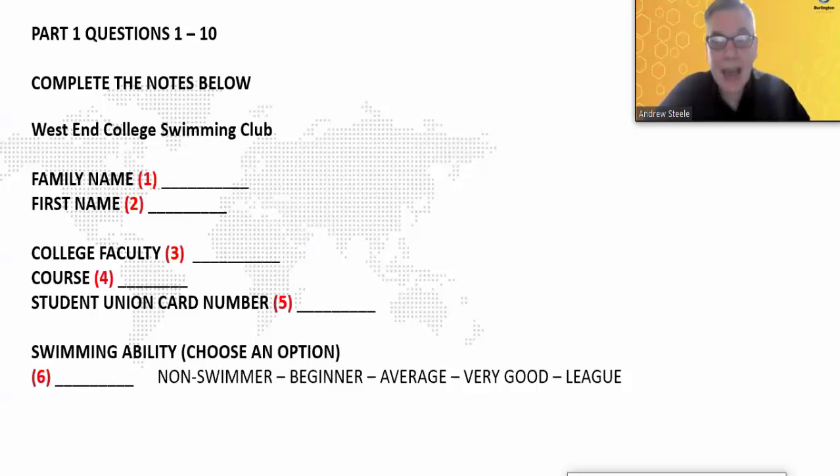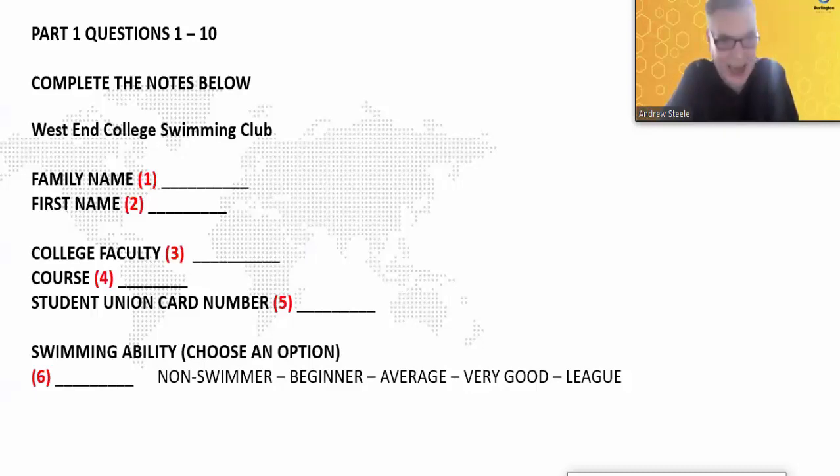And have a look at question 6, which describes swimming ability. The listening is all about getting a membership at a college swimming club. I'm not going to play you the recording, but just to give you some context, question 6 asks them to identify the swimming ability that the speaker talks about.